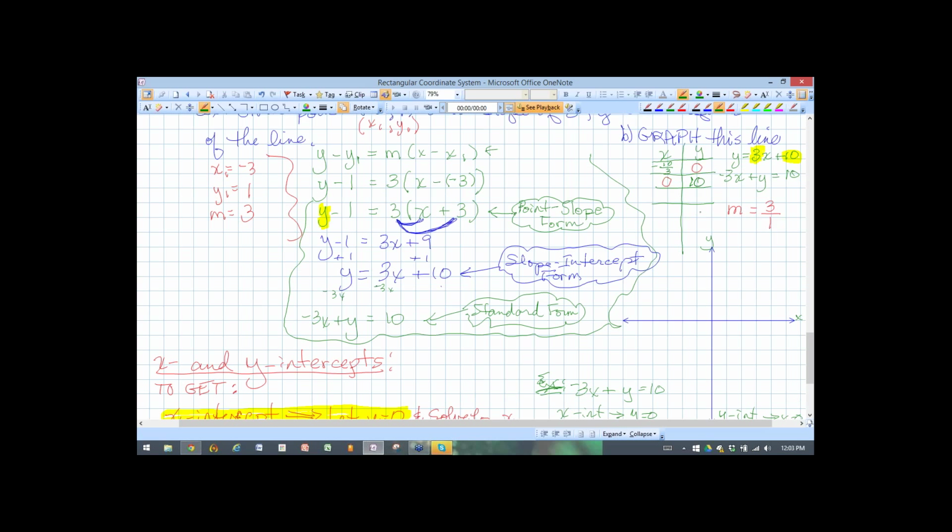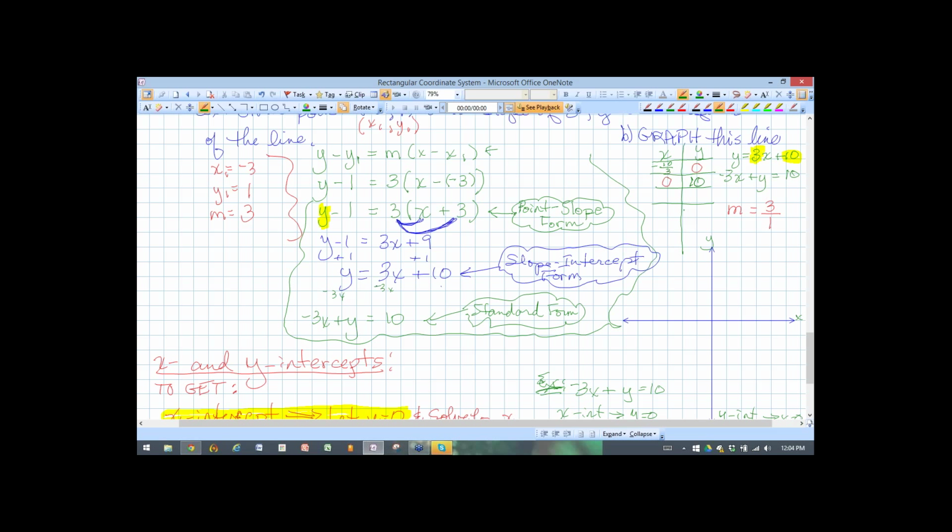Which brings up independent and dependent. When you plug a value in, this is your independent variable. X doesn't care, right? Because y is always going to depend on what x is, okay? So X is independent. So y is dependent. It depends upon whatever you plug in for x.